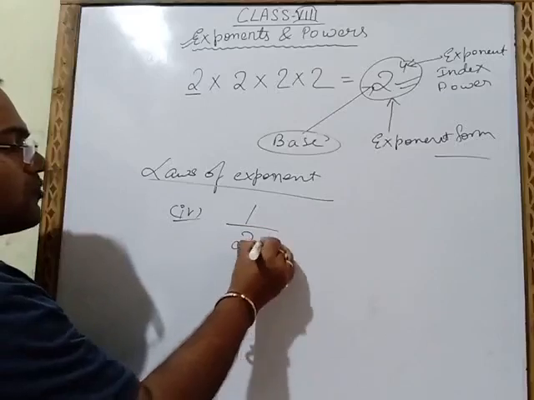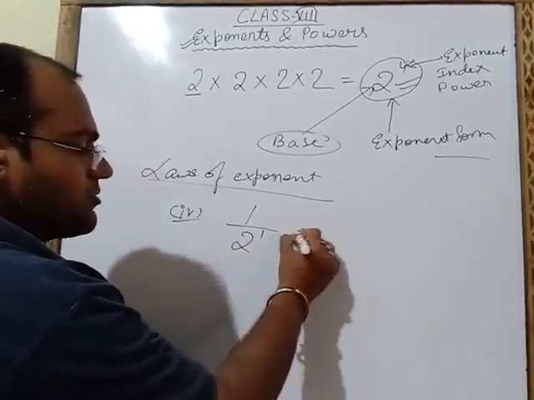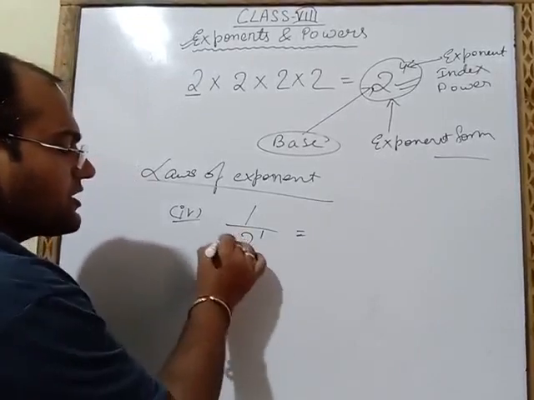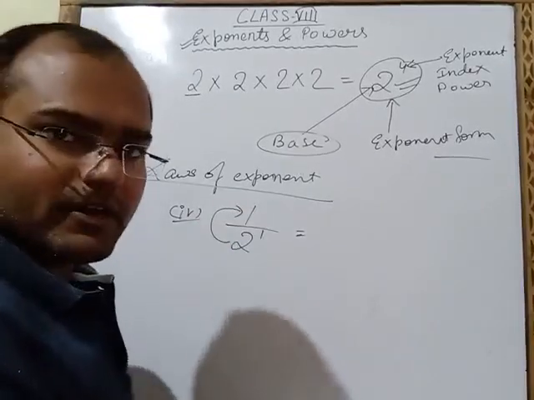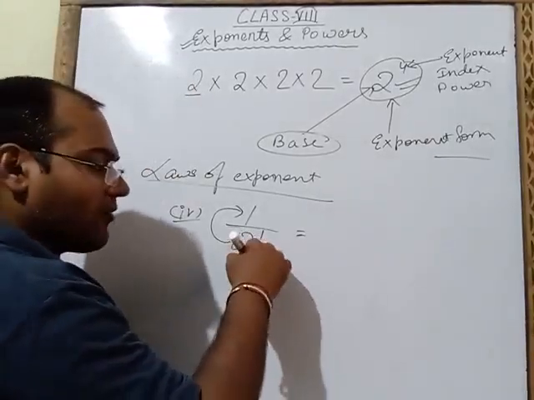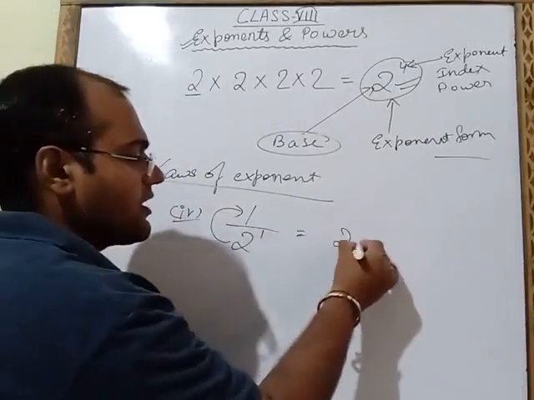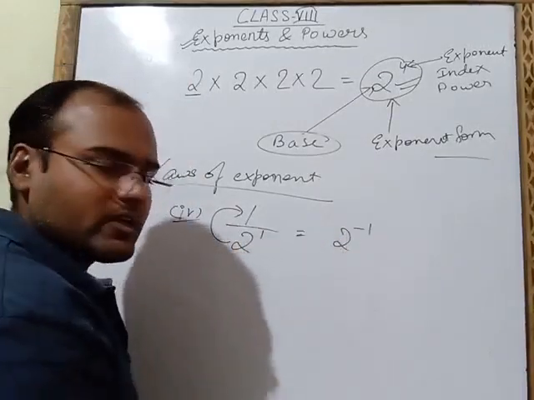1 upon 2 raised to the power 1 is written. What is written? 1 upon 2 raised to the power 1. If we bring this 2 raised to the power 1 to the numerator, we have to change the sign. What I said? If 2 raised to the power 1 is written in the denominator and we bring it to the numerator, we will write it like this: 2 raised to the power minus 1.